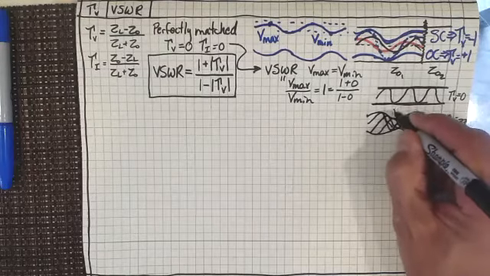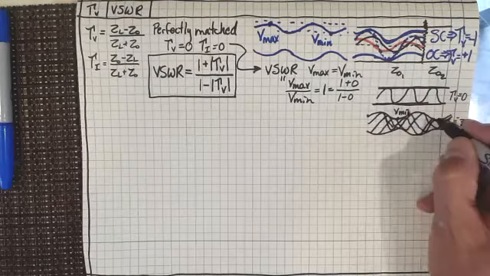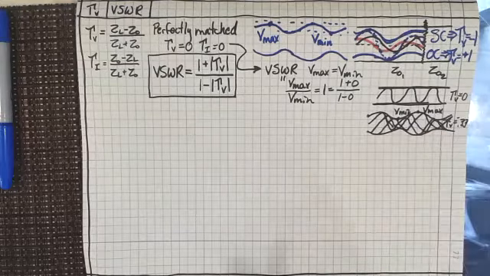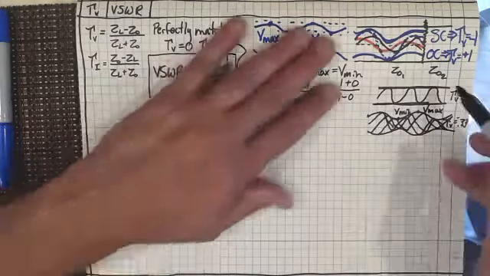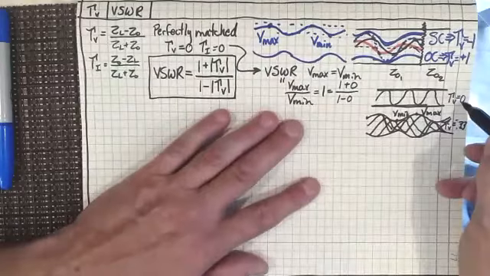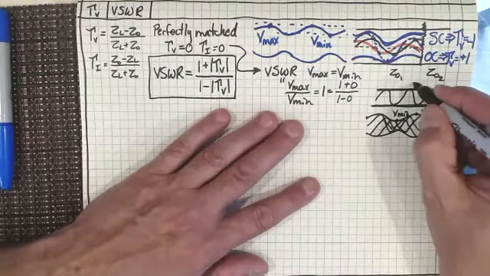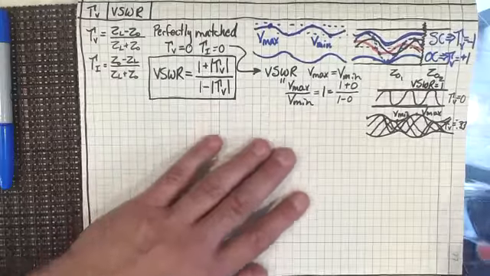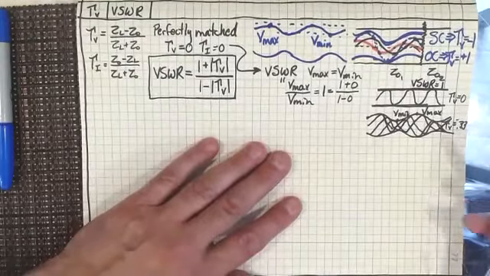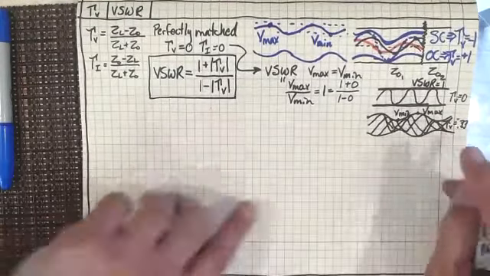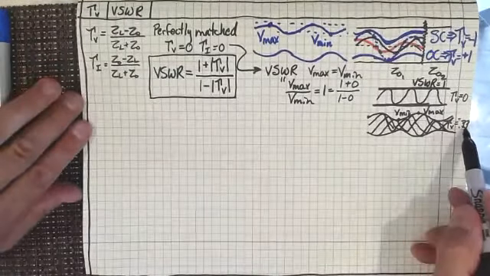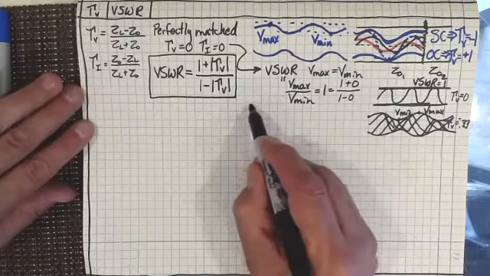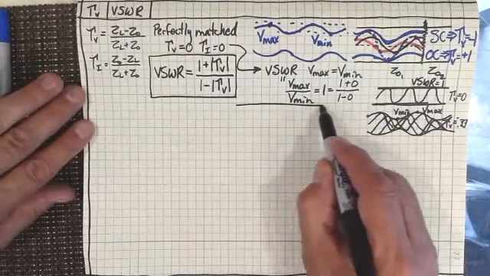This would be V min, and this would be V max. And then when we put that in there, so we've got a reflection coefficient of this, and this would be a VSWR equal to 1. Now let's say that I had this one here. If we look at the VSWR for minus 0.33, let me just sort of separate this out here.